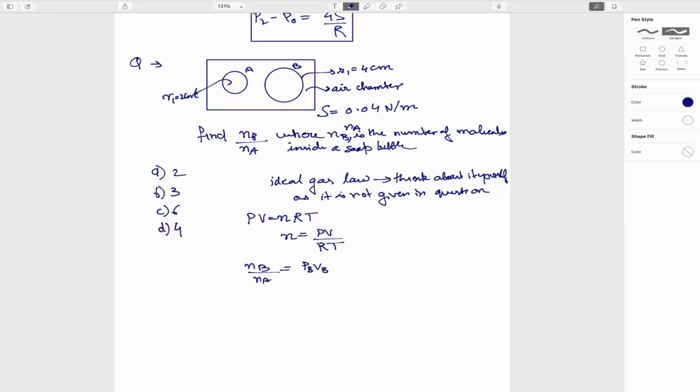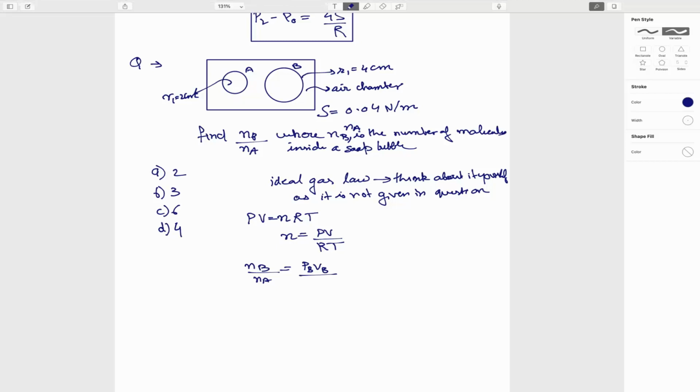So we know that PV is equal to nRT, n is nothing but PV by RT, and we need to find N_B by N_A. So that is P_B V_B, because this system is at the same temperature, because the same air is there for both, and this is a single chamber, so there shouldn't be any temperature difference for at least these two bubbles. So RT is the same for both.